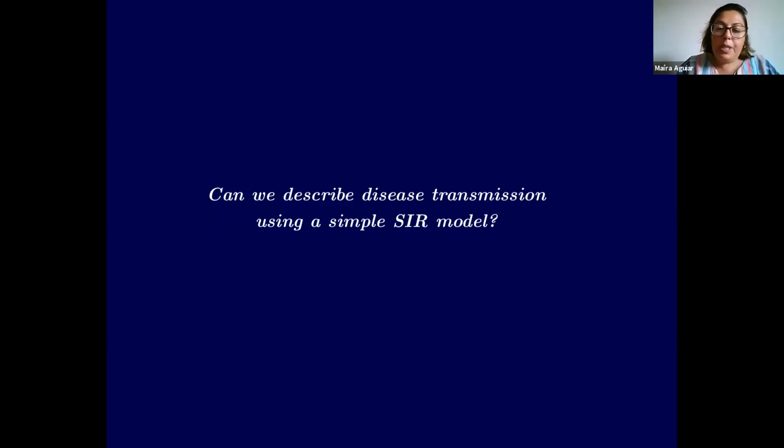So the most common data we have is data on people who have been admitted to a hospital and then tested, and then they are counted as symptomatic dengue. How can we model this type of data? Can we describe the disease transmission or the dengue infection using a simple SIR model that we have discussed yesterday?